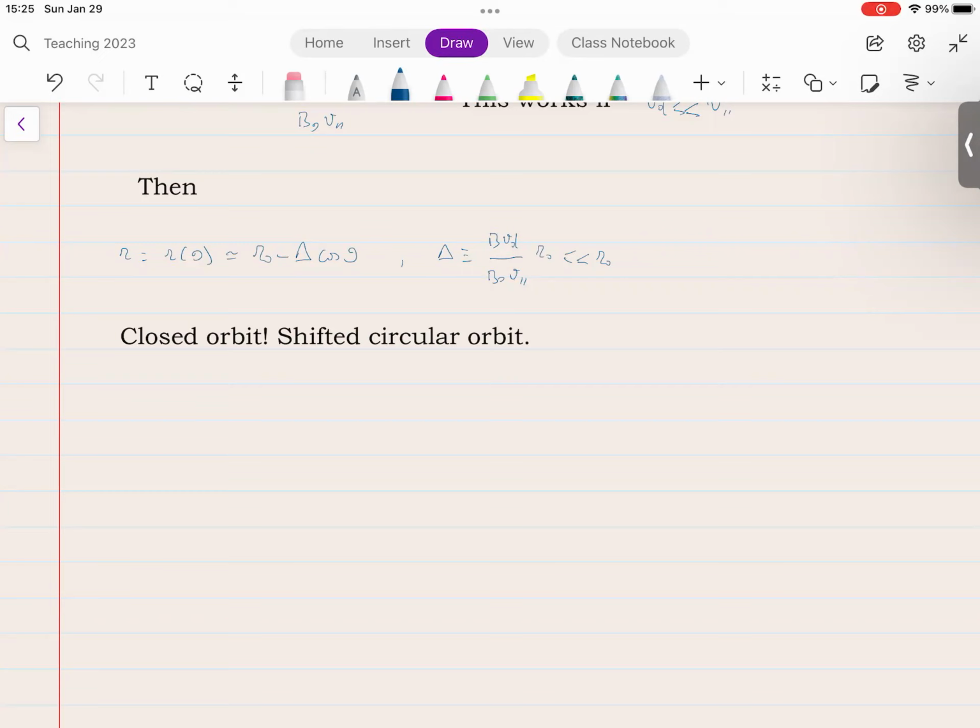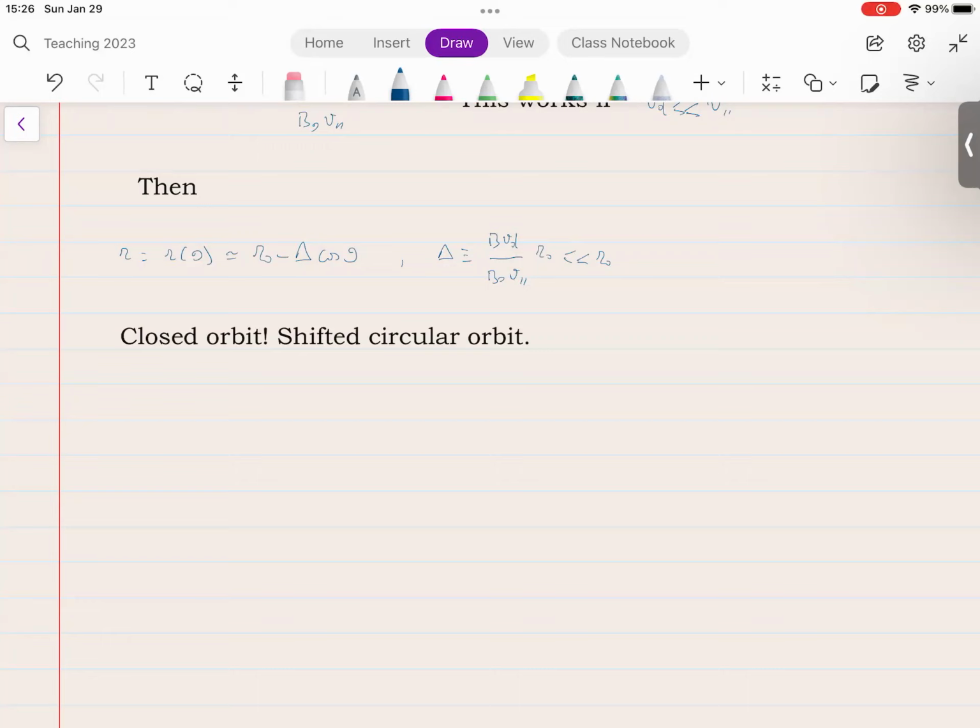Is V drift really small with respect to V parallel? Well, then what if I change V parallel? For one thing, you will notice that it doesn't matter what V parallel is. All that V parallel is going to do is change the amount of that shift. So what? Different particles are going to shift by a different amount, but they're still all on closed orbits.